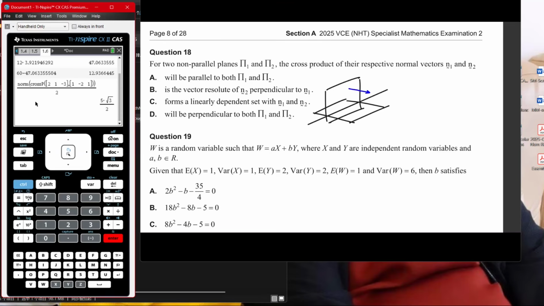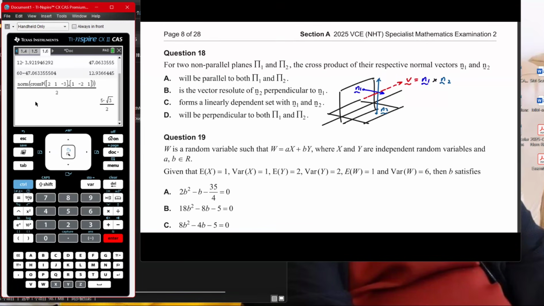So if this is n1, and this is n2, the cross product must be perpendicular to both. So roughly it's along this direction. So this is v equals n1 cross n2. Okay, how does this look?